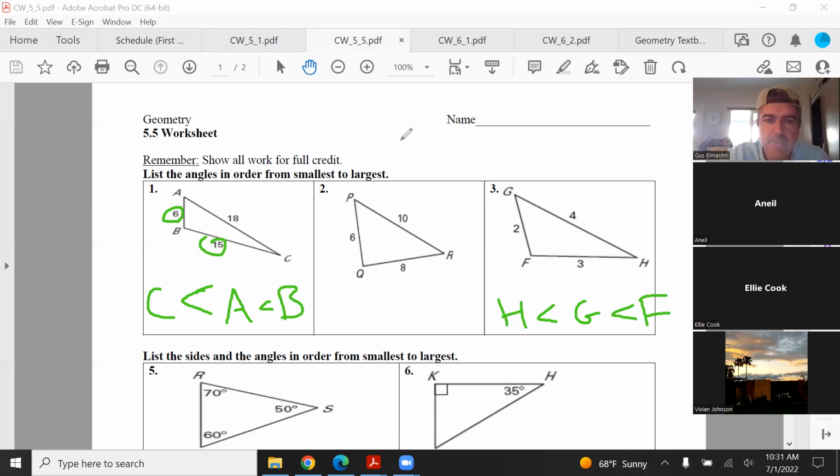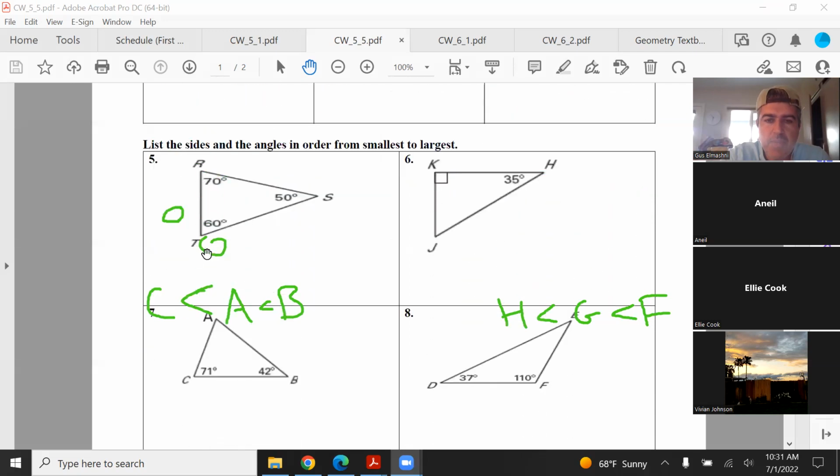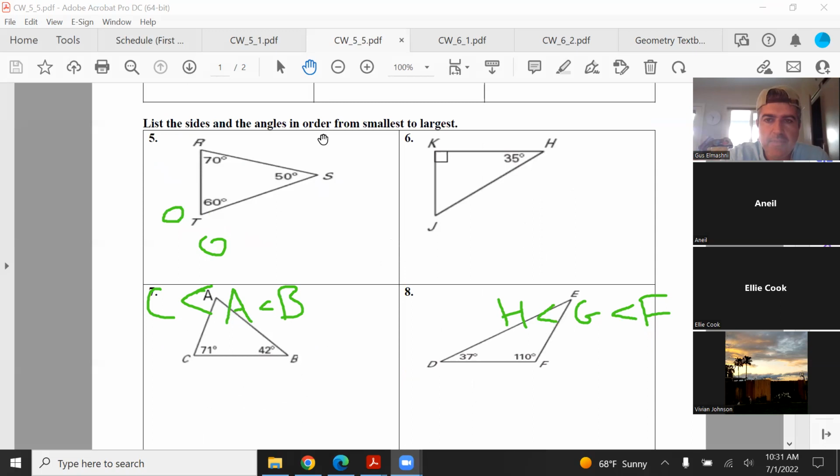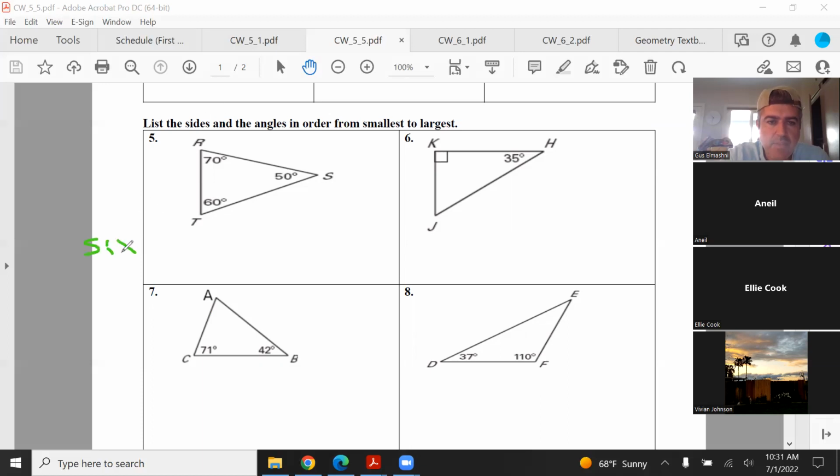So hopefully 1 and 3 make sense. We'll do the same thing here for 5 and 7. Okay, list the sides and angles in order from smallest to largest. Okay, so we'll start with the sides. Actually, start with the angles.